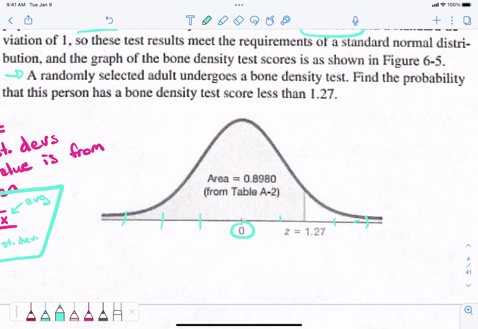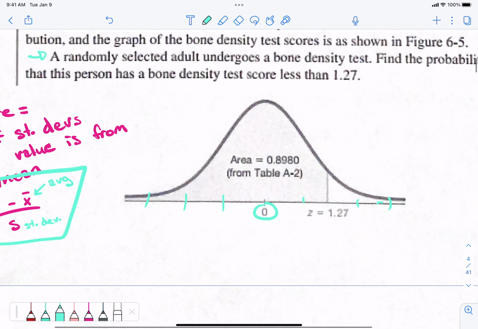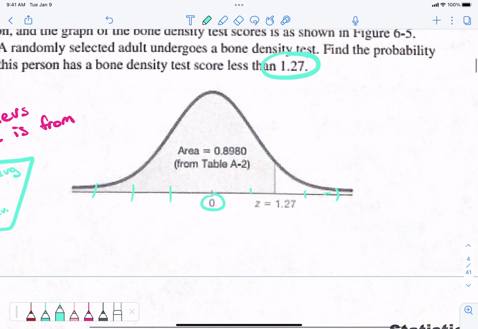A randomly selected adult undergoes a bone density test, and they want us to find the probability that this person has a bone density test score that is less than 1.27. So this person's z-score is 1.27, which means they are 1.27 standard deviations above average for whatever your bone density should be. We're going to use the table to do this.